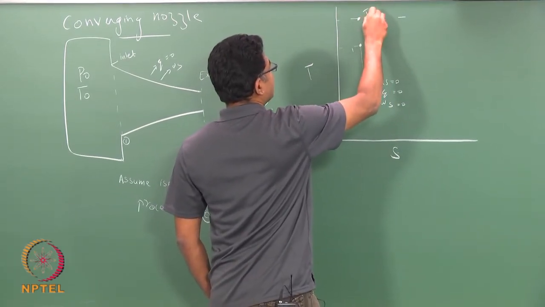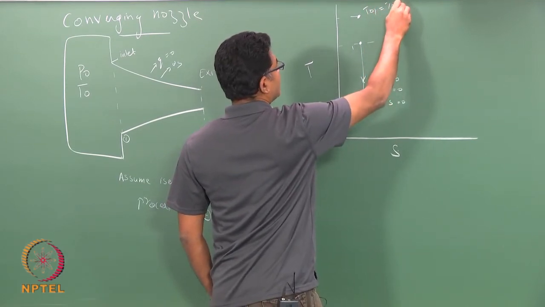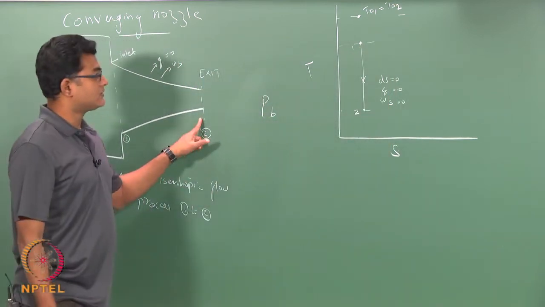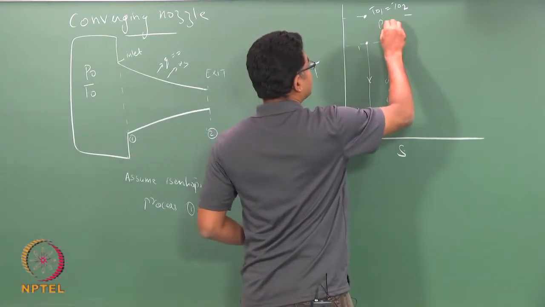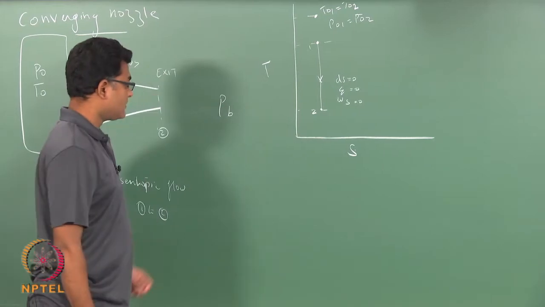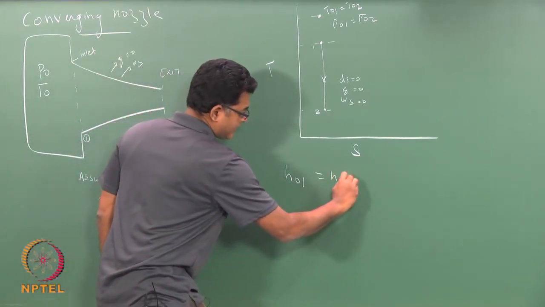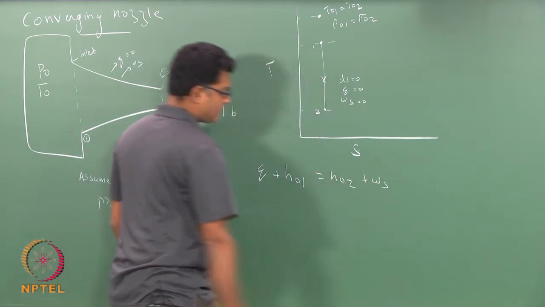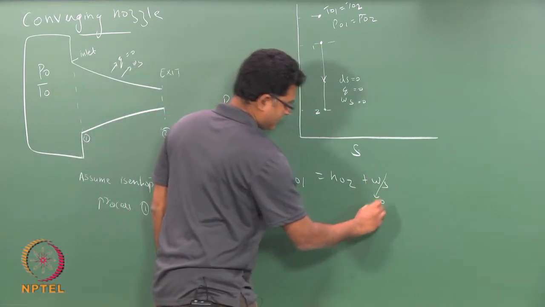So, we have seen that this is equal to the stagnation state at the second point. The pressure is also equal. This is from your energy equation with the assumption that there is no Q and no shaft work.